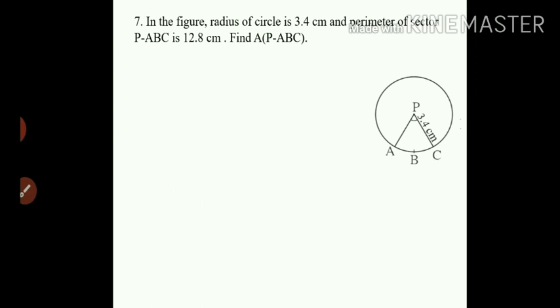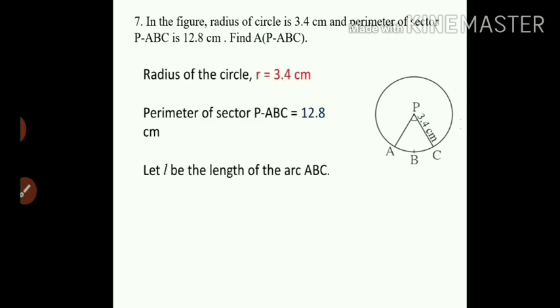Now you have to find the area of sector PABC. First I will write the given part: the radius of the circle is 3.4, and the perimeter of sector PABC is 12.8. We have to find the length of the arc, right? So let L be the length of arc ABC.